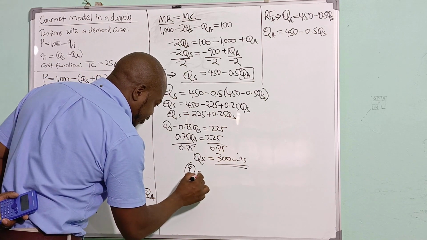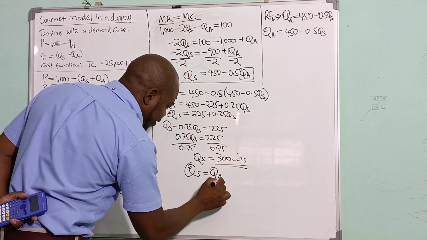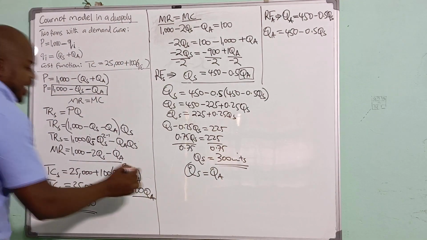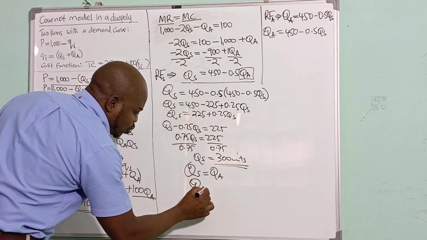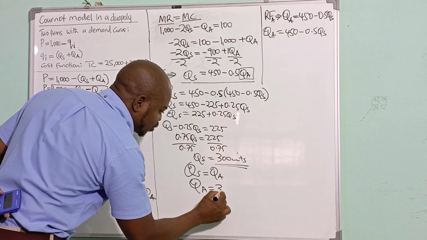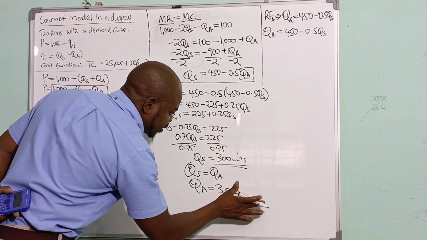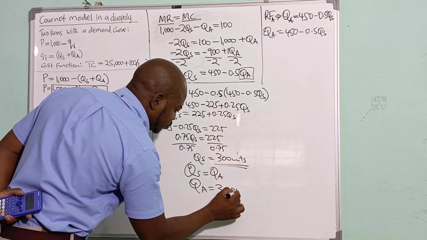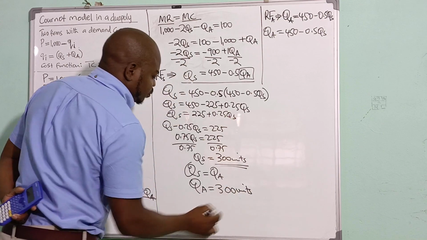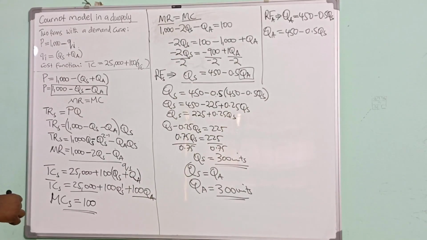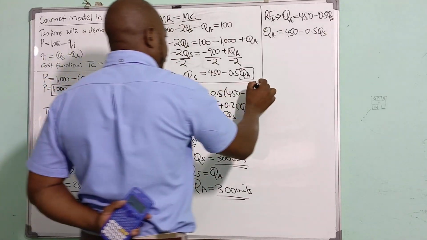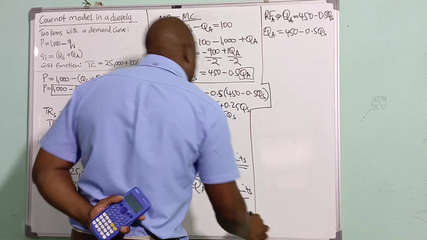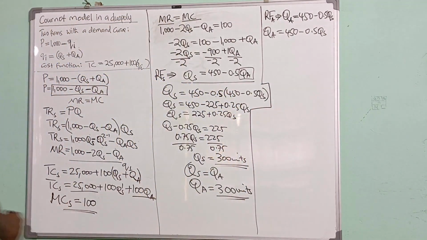Since at Cournot QS is equal to QA, therefore firm A will also produce the same units, which is 300 units. This is as simple as that. So the quantity that should be produced by the two firms is 300 each.